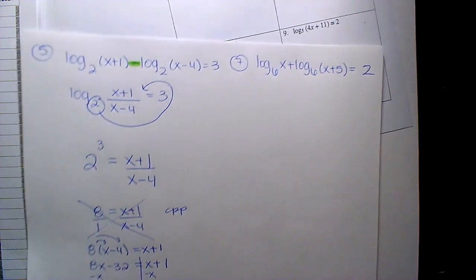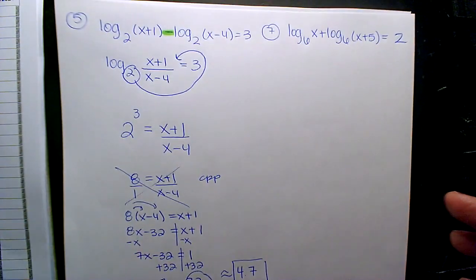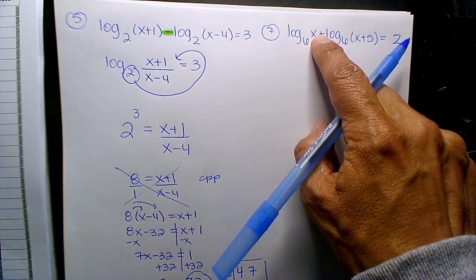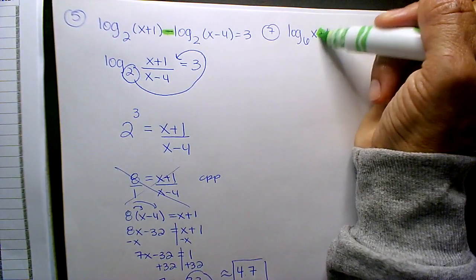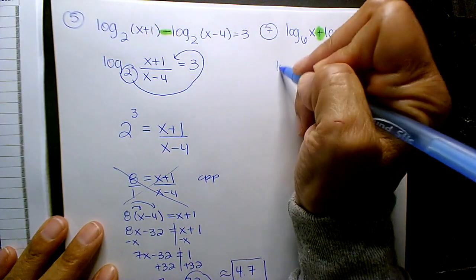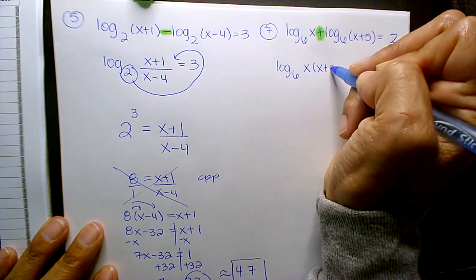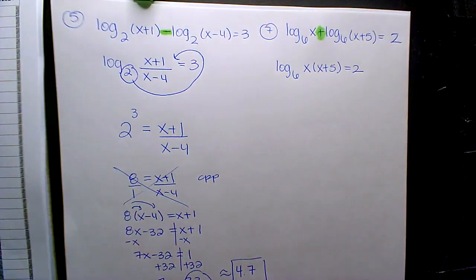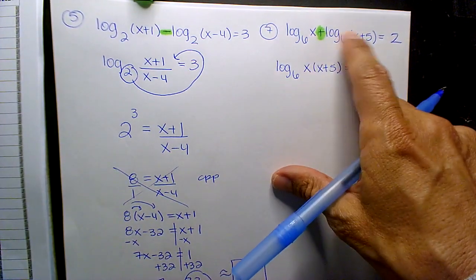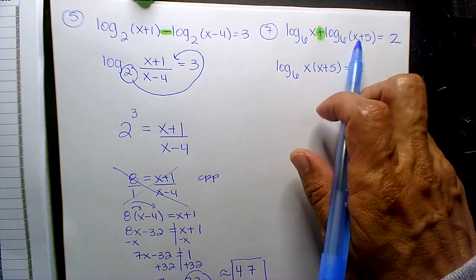All right, so look, for number 7, you have your product rule, product property, right? Basically, you have addition here, and addition means multiplication. So if I have log base 6 of x, plus log base 6 of x plus 5, is equal to 2, remember when you have the addition, these two are just going to become a product.